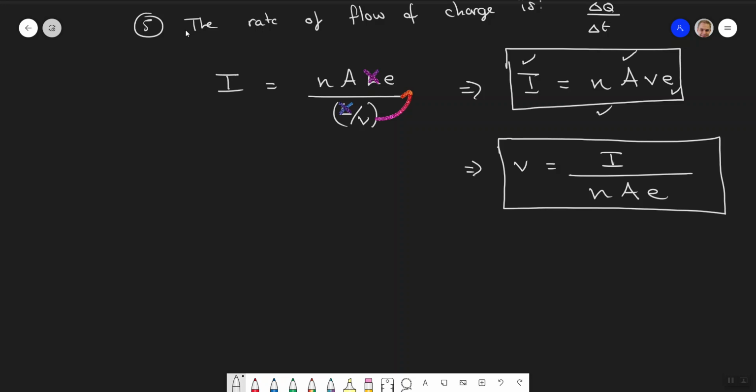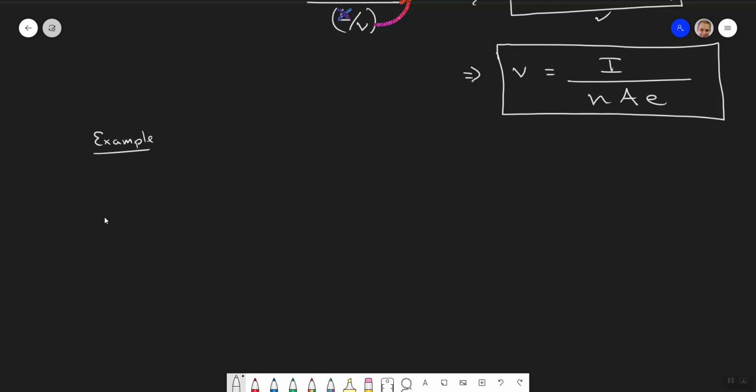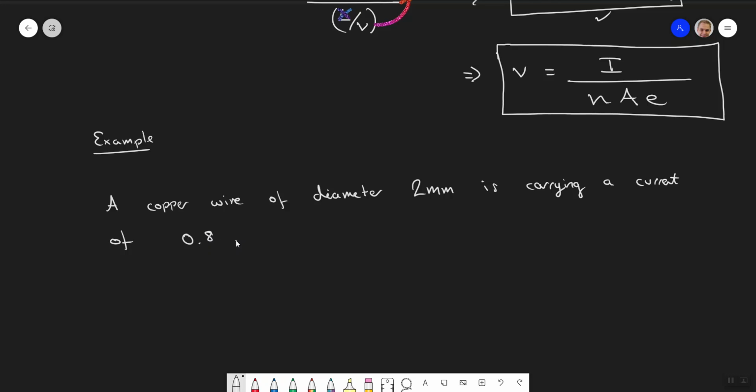So let's deal with an example, the kind of example that you might find. Let's say a copper wire of diameter 2 millimeters is carrying a current of, let's say, 0.8 amps.